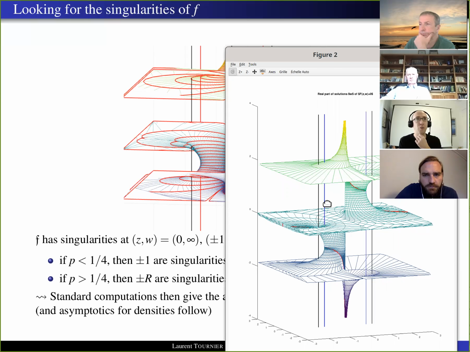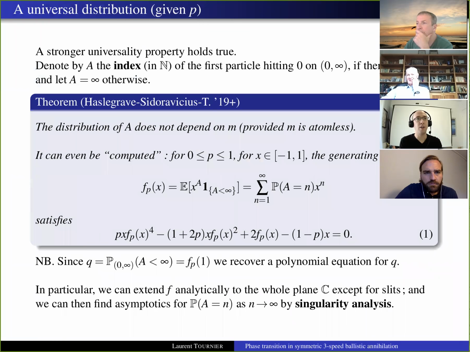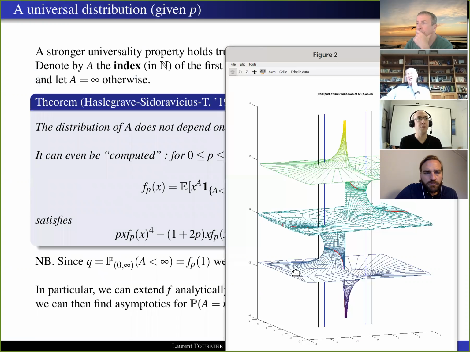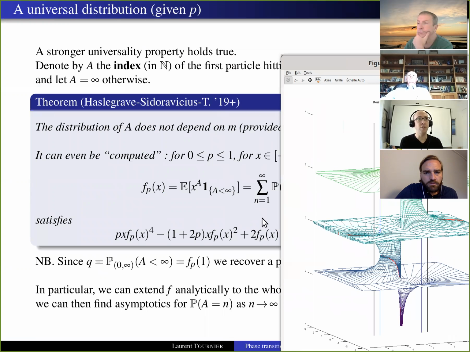So this is the plot of the real part of the solution. The horizontal plane here is the complex plane, the values for x, and in the vertical direction are the real parts of the 4 solutions of the equation that I had before. One of these solutions is the generating series of A. So on my graph I have the 4 solutions for each given x in the complex plane of this equation.